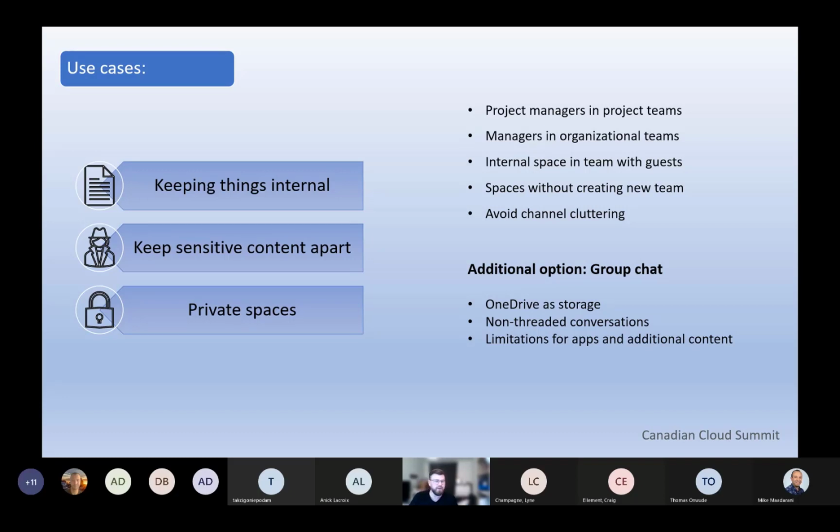So there are some caveats with the group chat. First of all, when we share files in the group chat, we utilize OneDrive as a storage. So when I share a file in a group chat, or in any one-to-one chat as well, that file will actually end up in my OneDrive. It wasn't there from the start. It will end up in my OneDrive and be shared to the participants of that chat. And let's say we have a number of members of this group chat, and we all share files with each other.